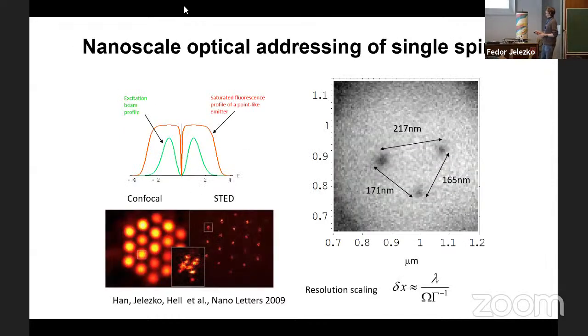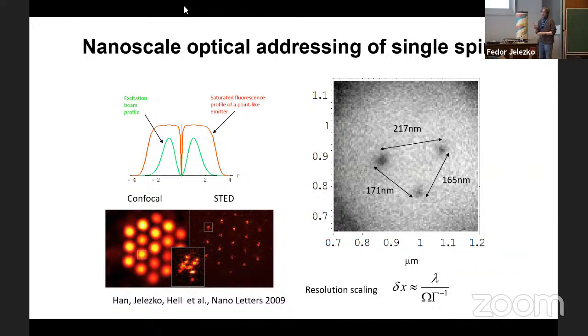So how does the technique work? You can take an array of clusters of NV centers, and that's a real picture, and you can apply a very interesting structured illumination beam, which depletes the excited state. This beam has zero intensity at the position you are looking at, and it has rising intensity outside. It's a donut-shaped picture.